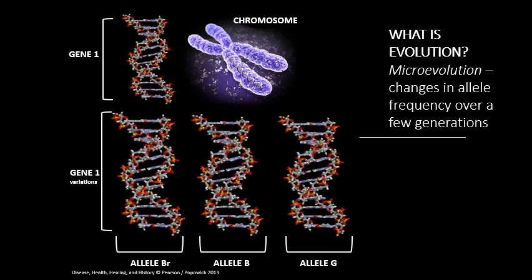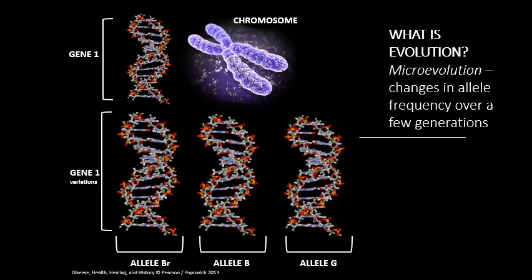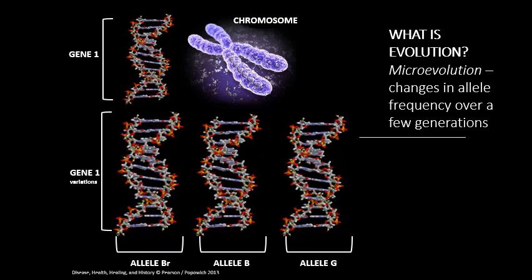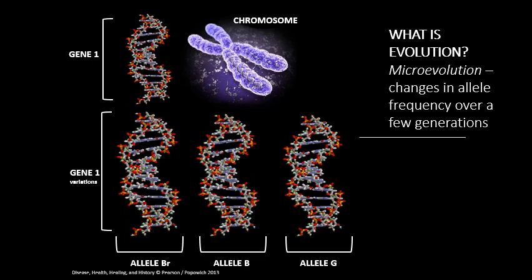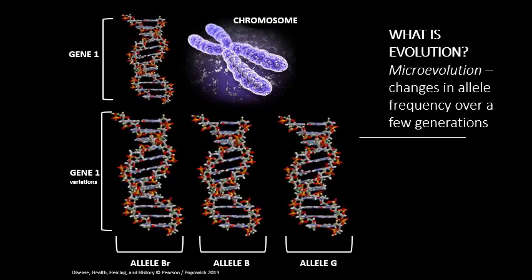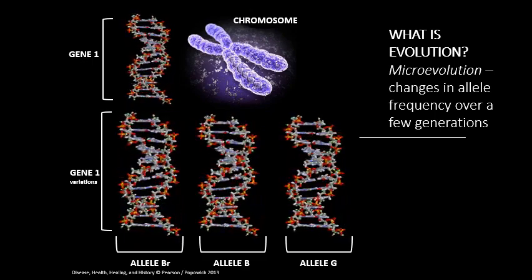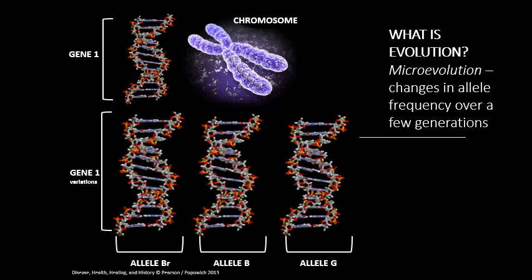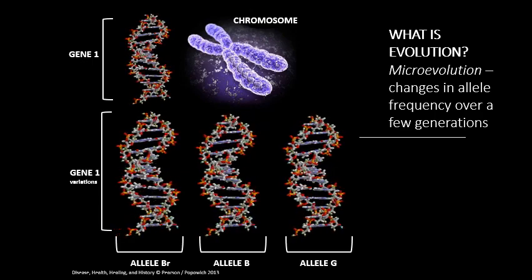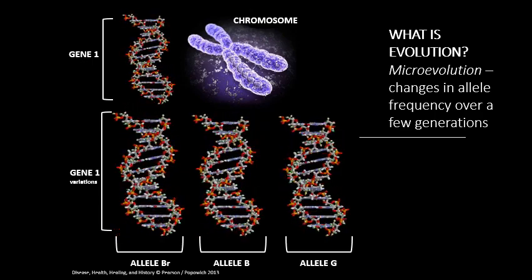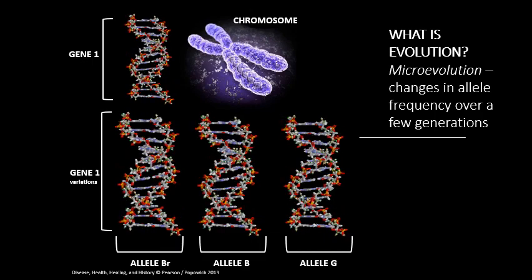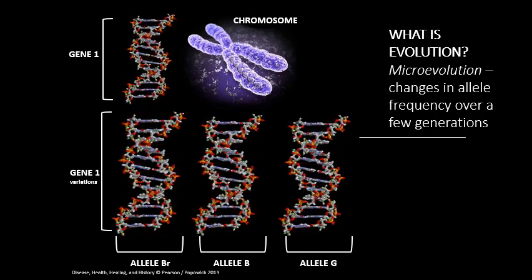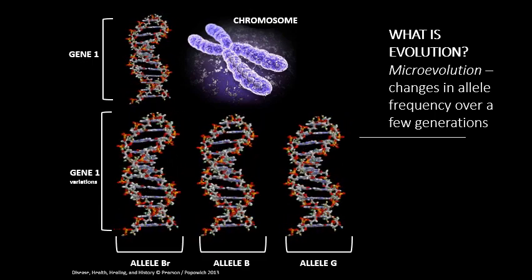If we see a change in this frequency from 80 to 15 to 5, and say in the end we have something like 70 to 20 to 10, we're talking about microevolution. Something's happening to cause this change in the population. Why are we seeing fewer people with brown eyes? Is there an environmental factor that's shaping that, or perhaps even a procreation factor?